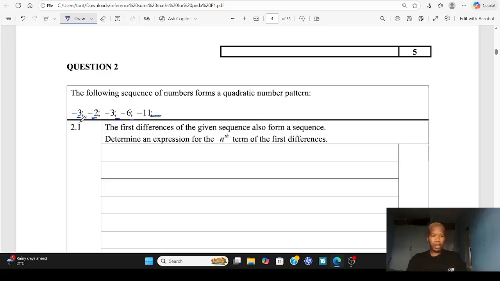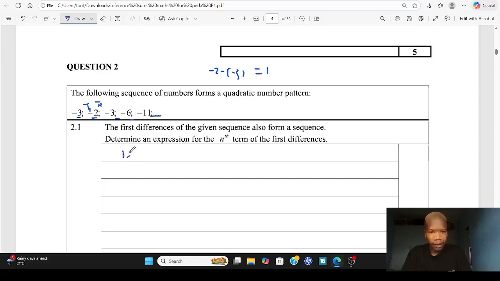So we know that to get the difference between two numbers, we have to do t2 minus t1. So we say minus 2 minus minus 3, which gives us the value of 1. So the first term of the first difference is positive 1.